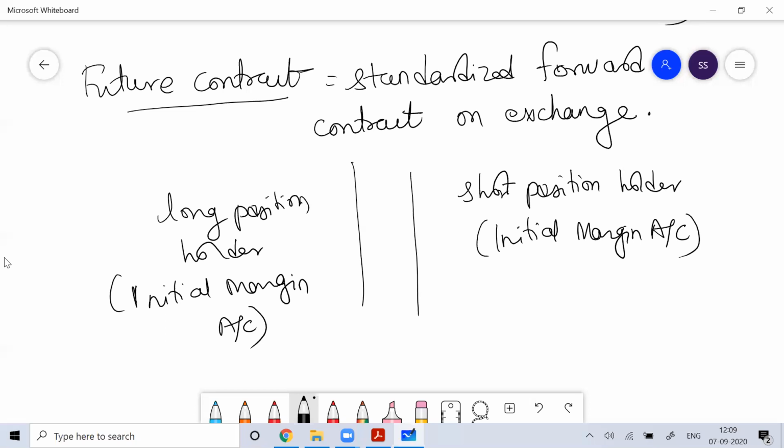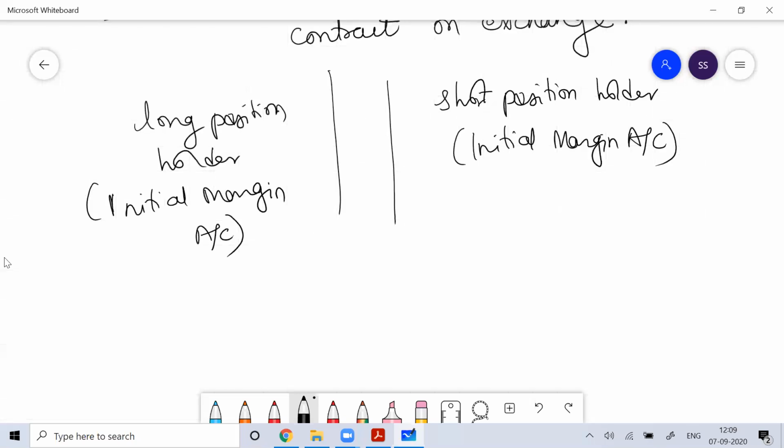By using mark to market settlement, the exchange basically assumes that today is the settlement date of the contract and yesterday was the date the contract started. Based on that, the exchange determines the profit and loss that either the long or short position holder would get.